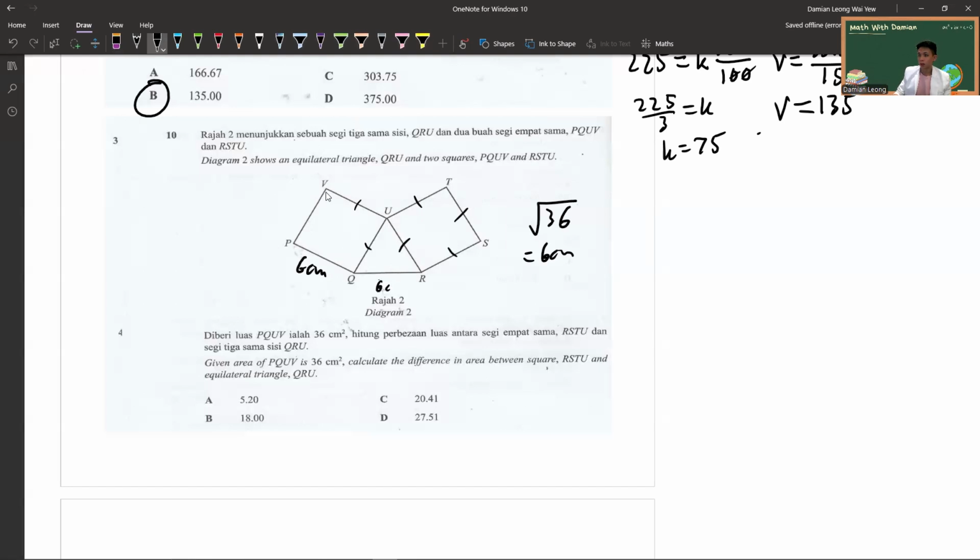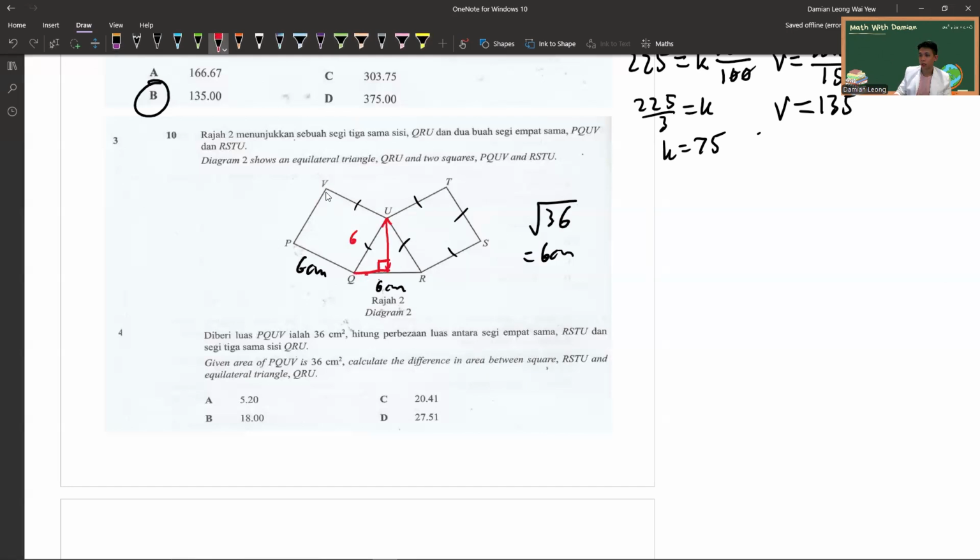But to get the area of the triangle, we need half times base times height. Height should be the vertical height. Height and base must be 90 degrees to each other. So I have to split this into a right-angled triangle. Then you see, I can use Pythagoras theorem.